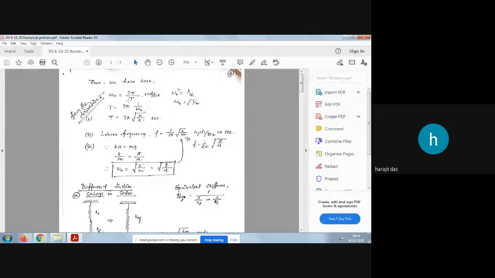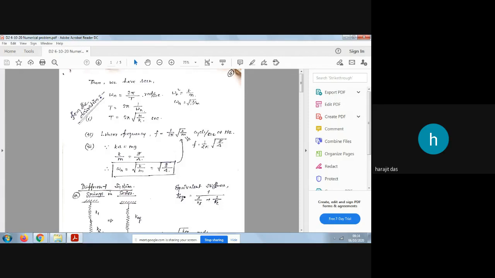Because omega n square equals k by m, we can write omega n equals under root k by m. This was also done in the last class. So you need to remember this formula throughout your vibration course. Omega n square equals k by m for translatory vibration, because this is a translational vibration or longitudinal vibration.